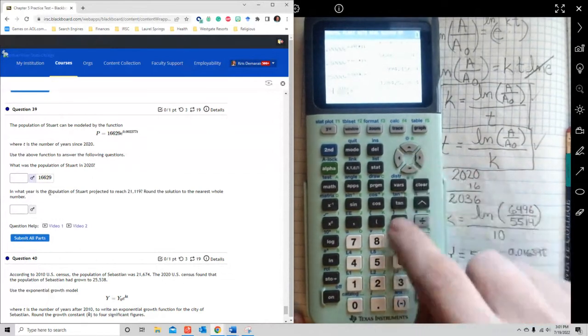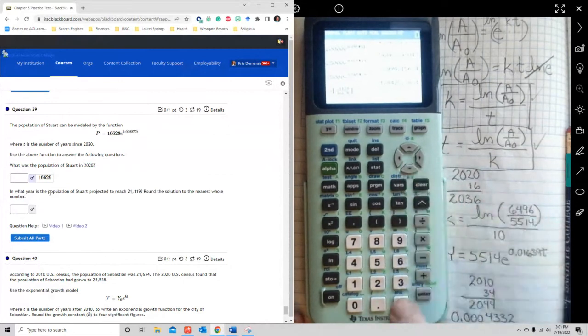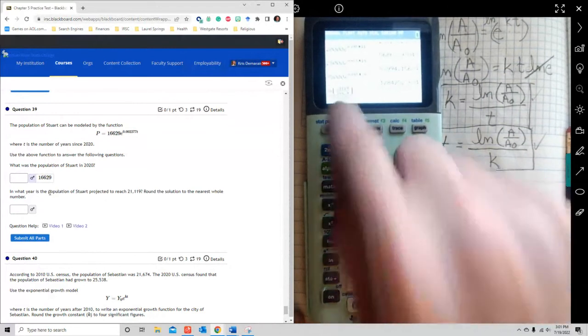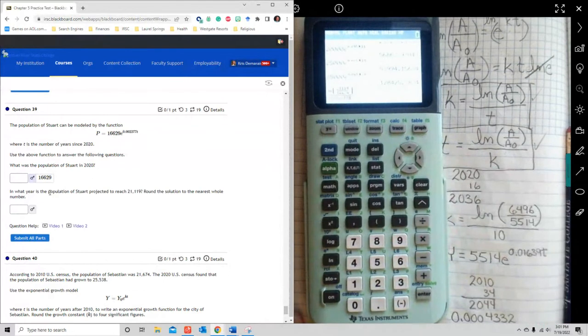Then I close out my parentheses, come down to my K value, and put in 0.002277. That's what I'm putting in the denominator. I'm double checking that everything looks the same, because transcription errors happen, and I'm going to hit enter.